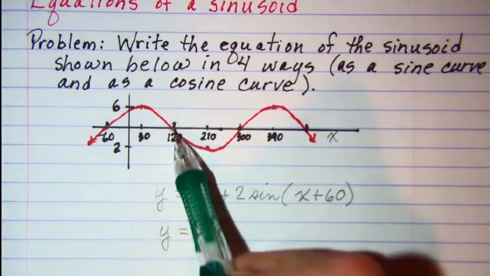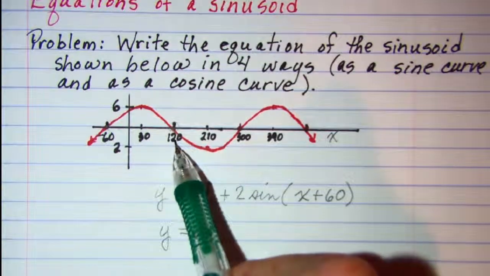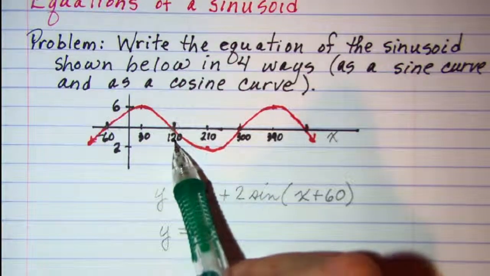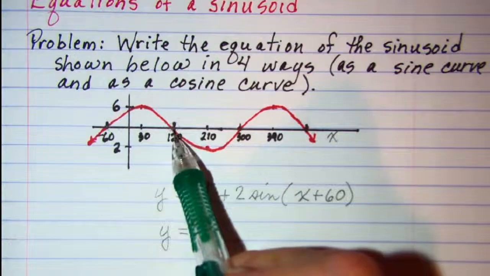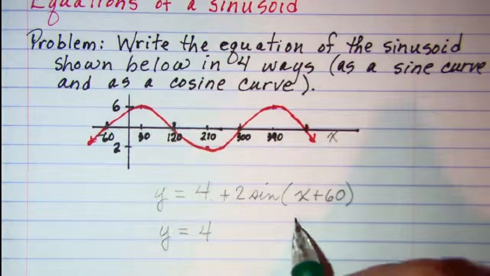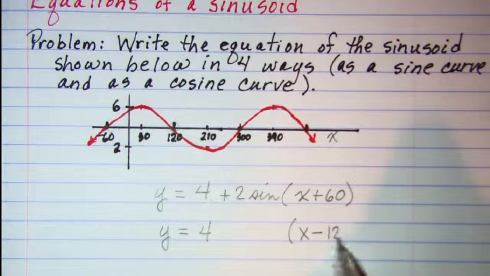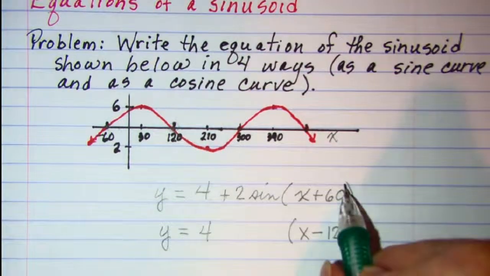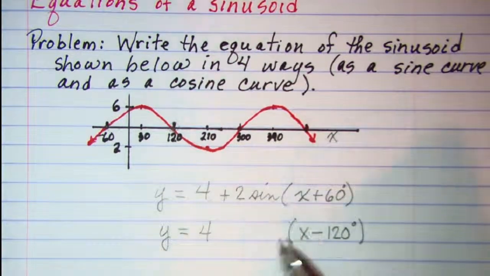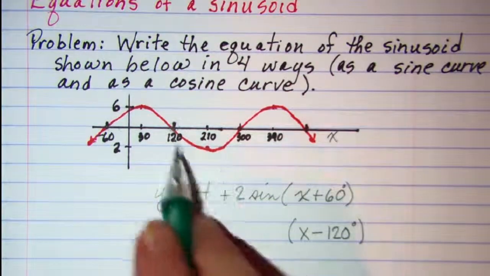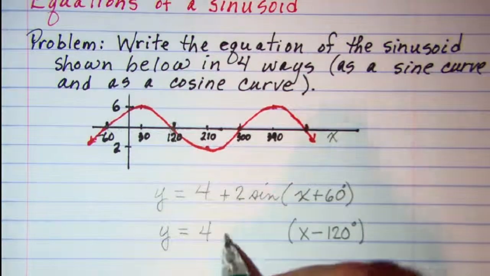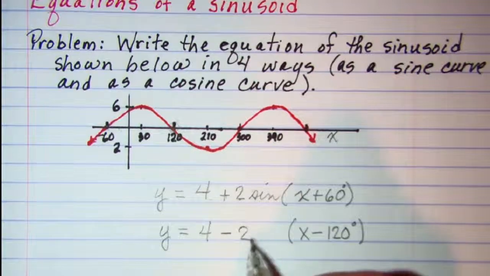So this is a positive 120 degree phase angle, which means that back here I'll have x minus 120 degrees. And remember, we said this would be a negative sine curve, so I've got a negative 2 sine here.